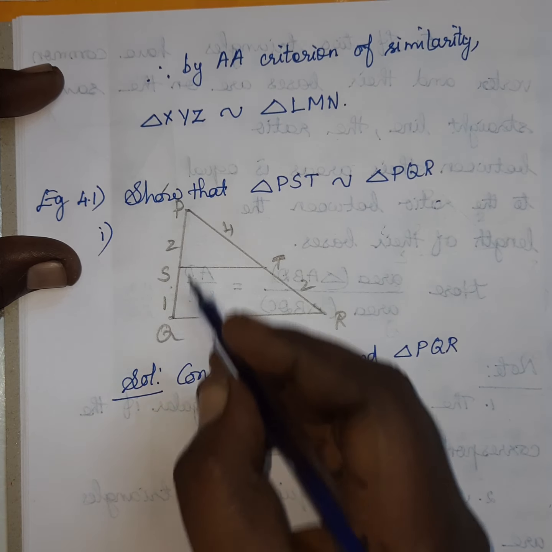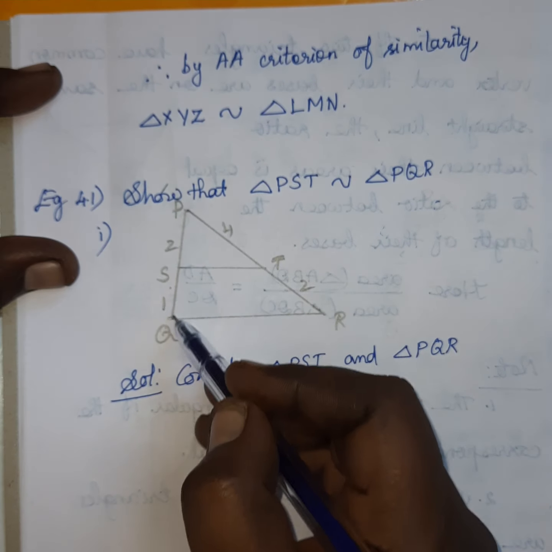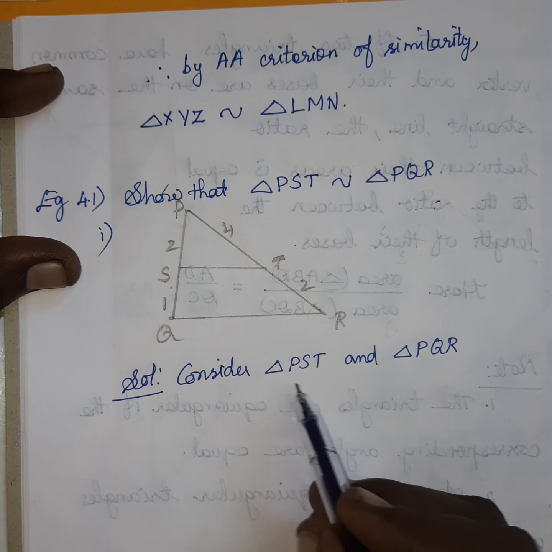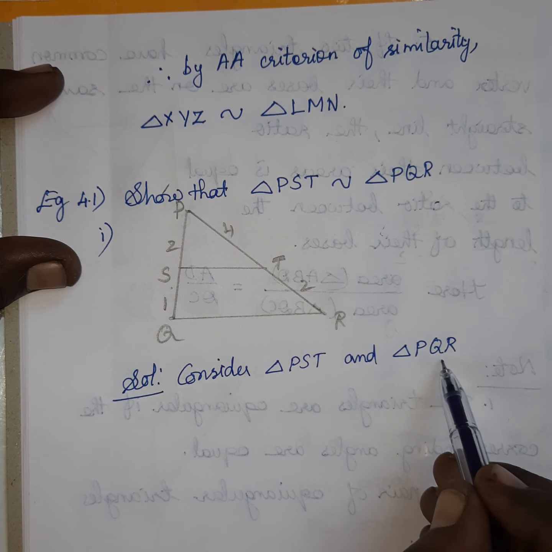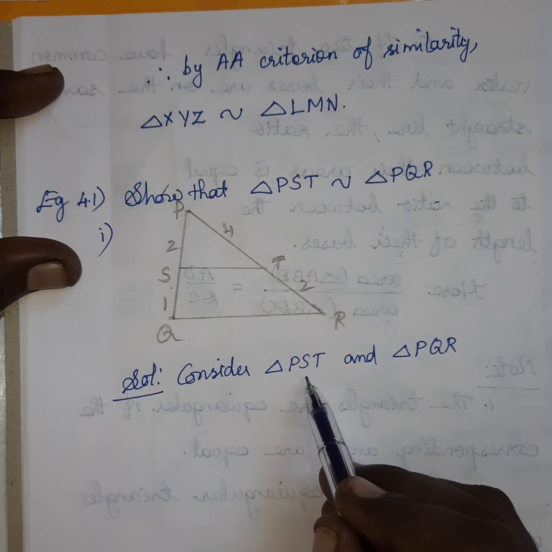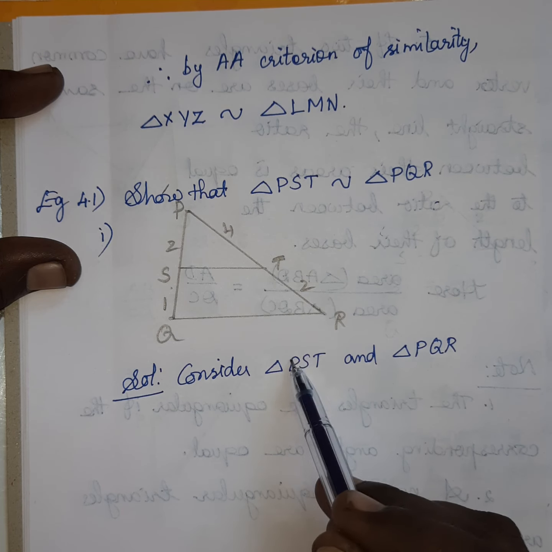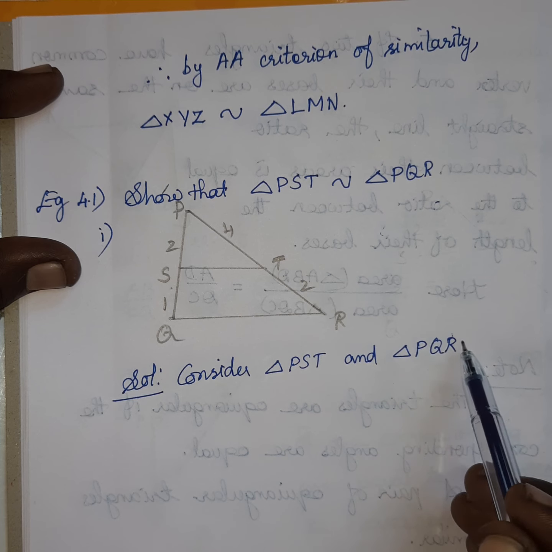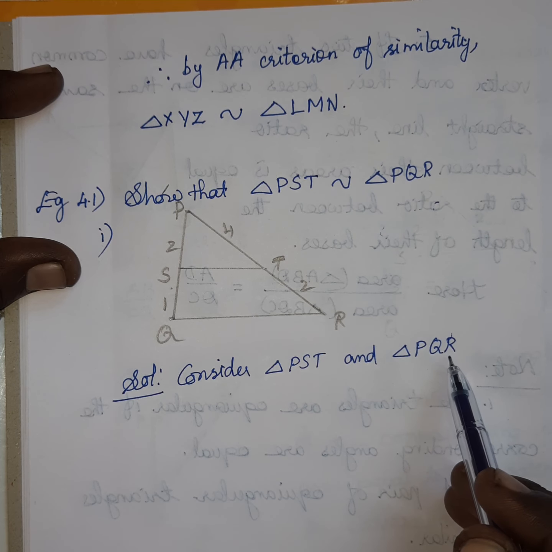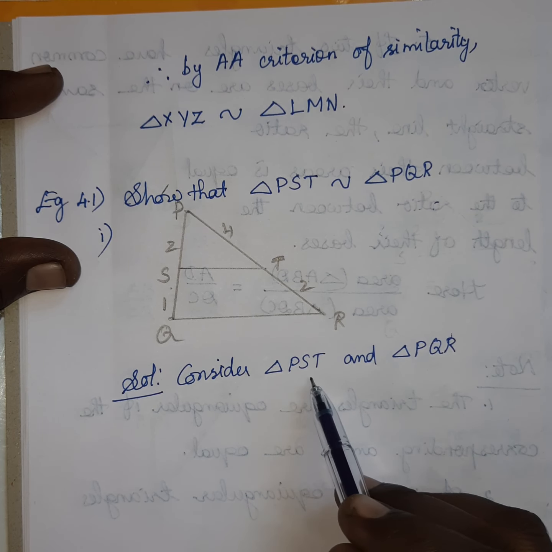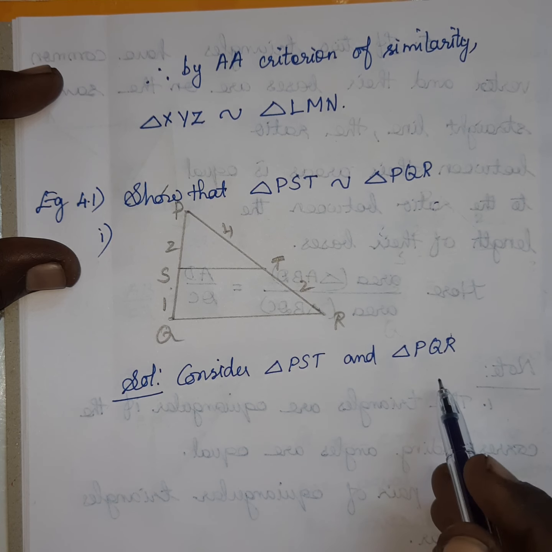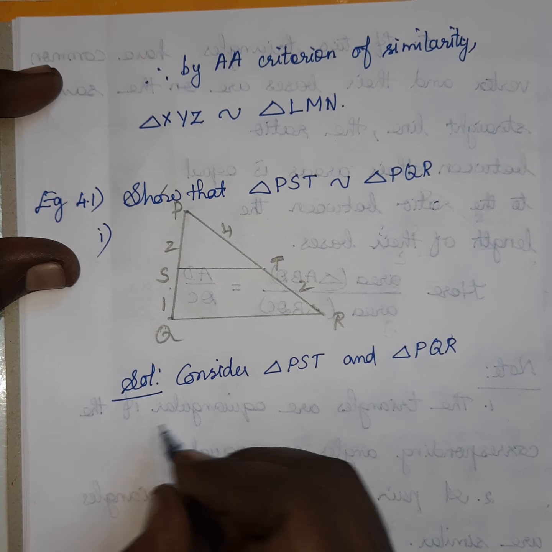So PS with PQ, then the last one, PT with PR. Don't take them in any other order. We have to choose in the same order as given. Now we can write the corresponding ratios.